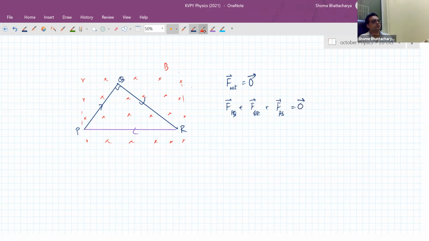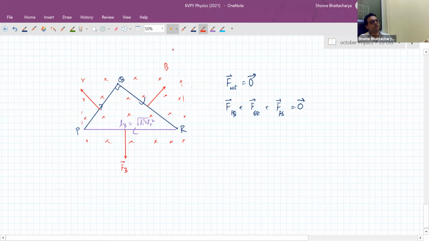Now you can see that without getting into the actual calculation, but just looking at the direction, the force on PQ is some F1 like this. The force on QR is some F2 like this. But the force on RS is very easy to calculate. If the length of this is L3, which is square root of L1 square plus L2 square, this force F3 will have a magnitude which is very easy to calculate.